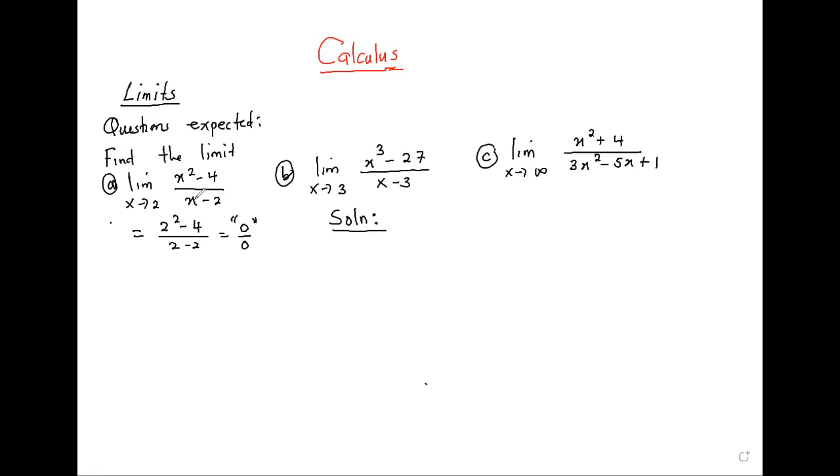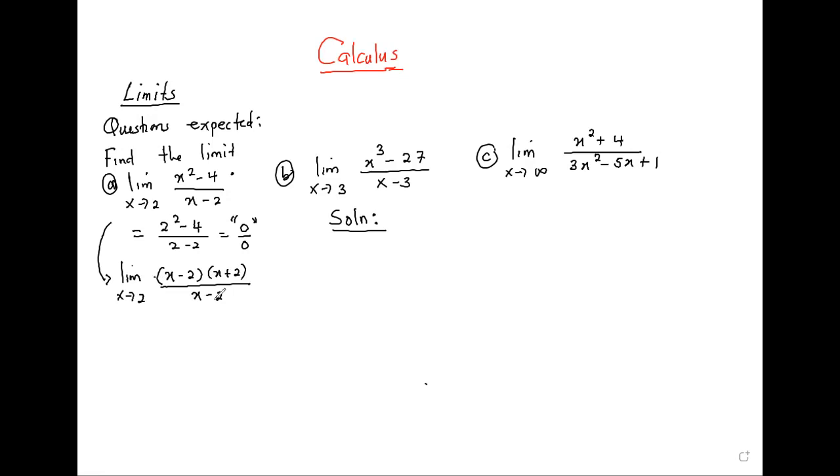So then what do we want? We want to rewrite this, as the numerator can be factorized. As you can see, it's a difference of two squares. So you can write it as x minus 2 multiplied by x plus 2, and then we divide by x minus 2.